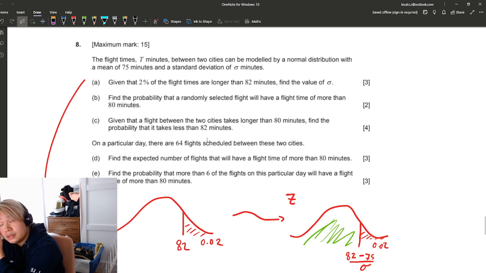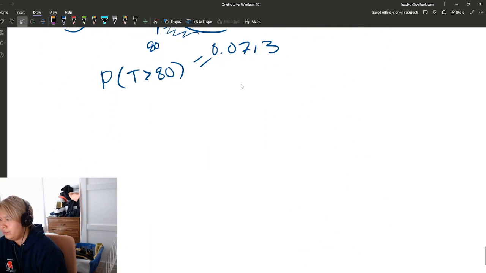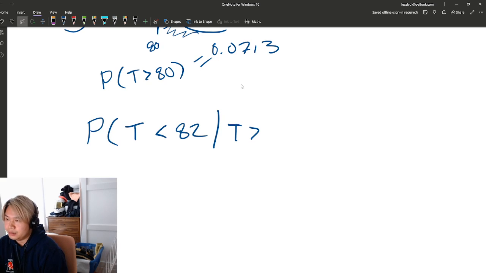Okay, next, given the flight between the two cities takes longer than 80 minutes, find the probability that it takes less than 82 minutes. So find the probability that it takes less than 82 given it does take more than 80, right? So this is conditional. We can just follow the formula.